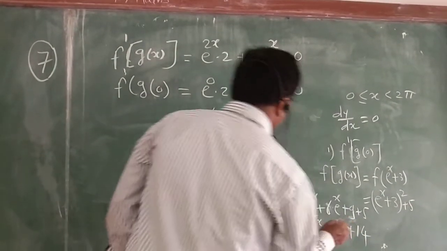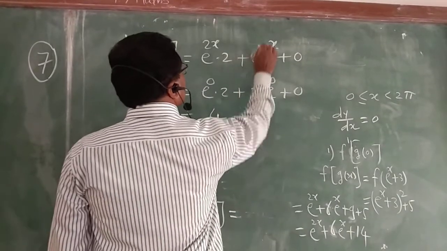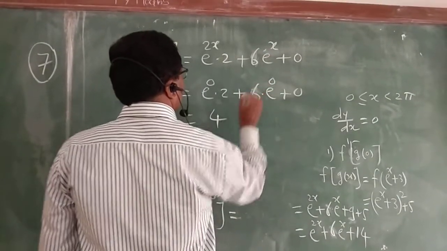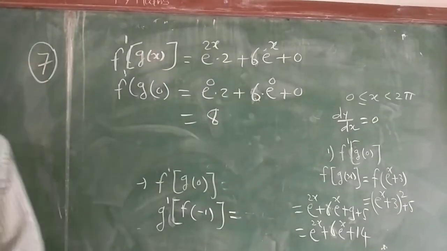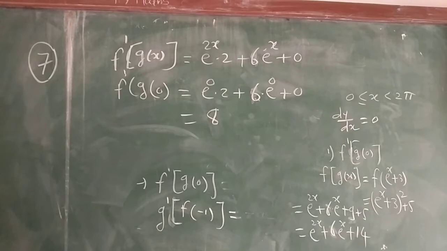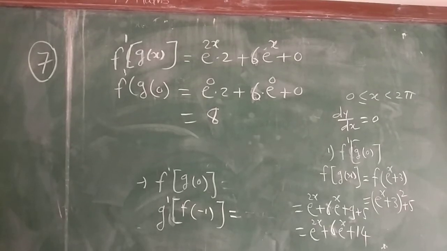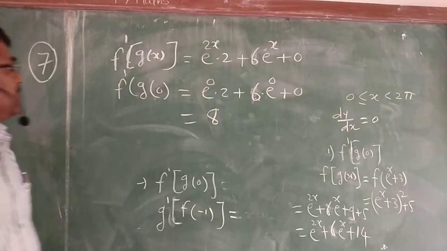F dash g of 0 equal to 8. 8 is the answer.